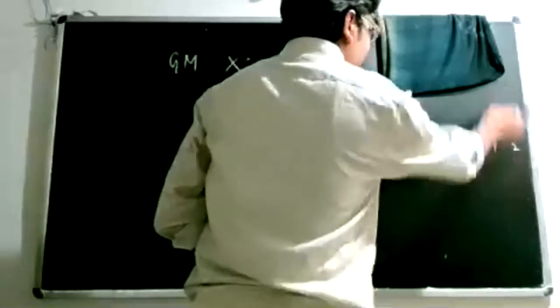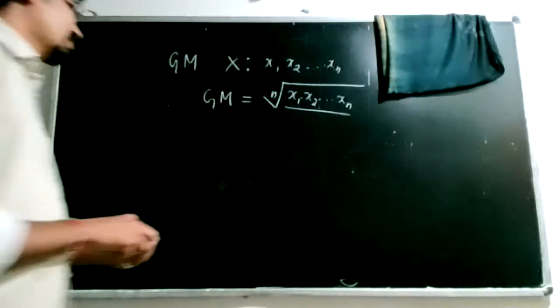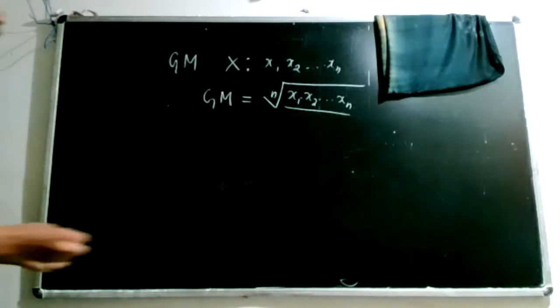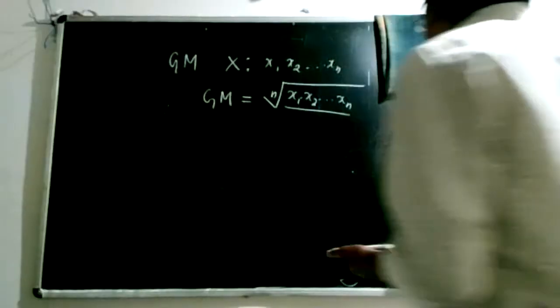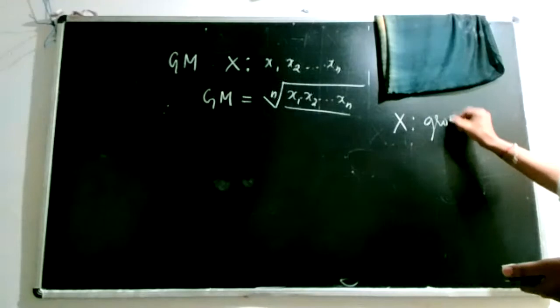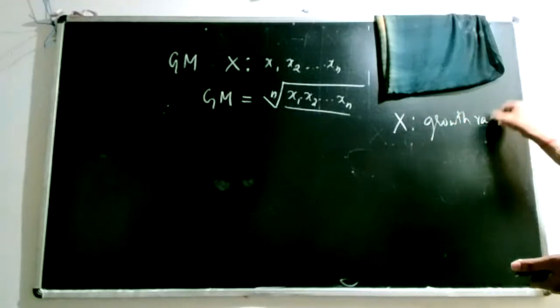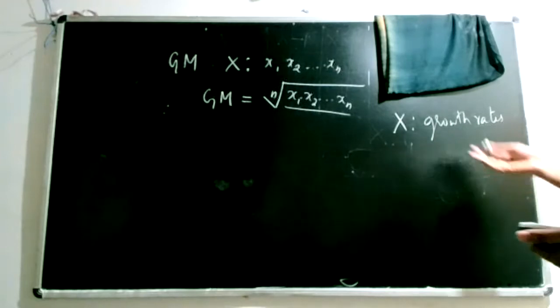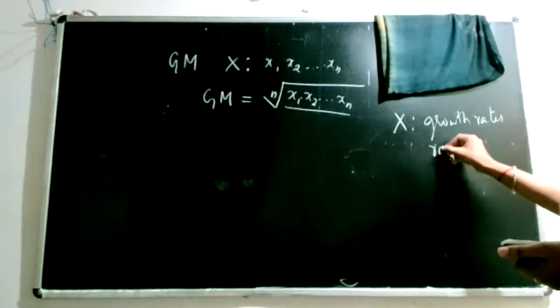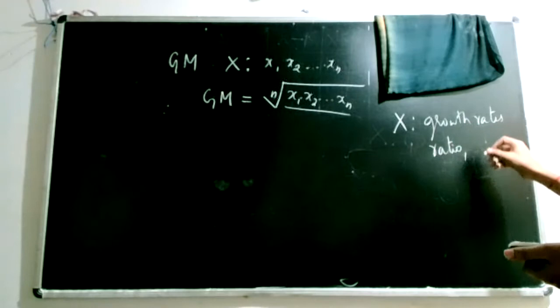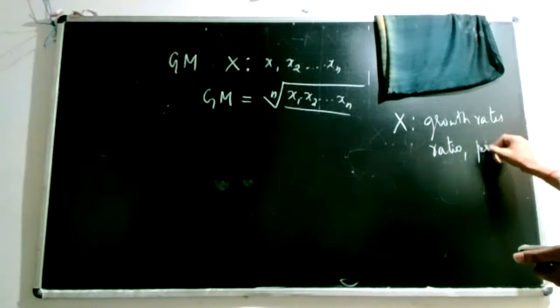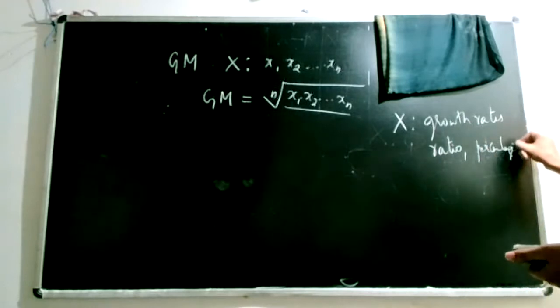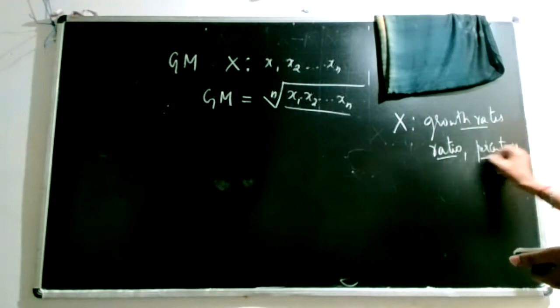And also, when you look into cases where you're talking about special variables, like say your X is the growth rate of certain bacteria or microbes in a laboratory, or you are looking into values which are ratios or percentages, which are rates, in those cases the values will be very large.